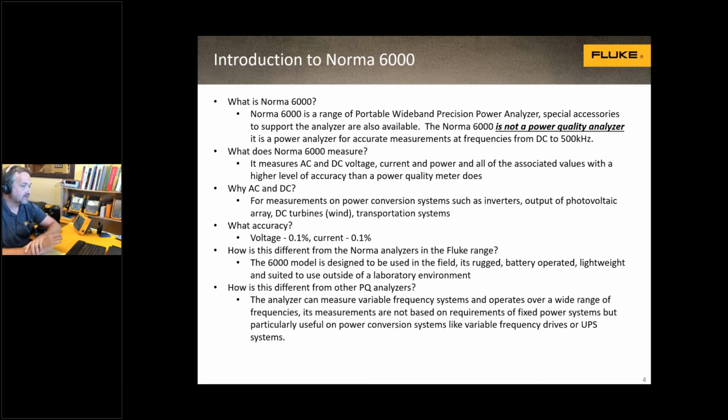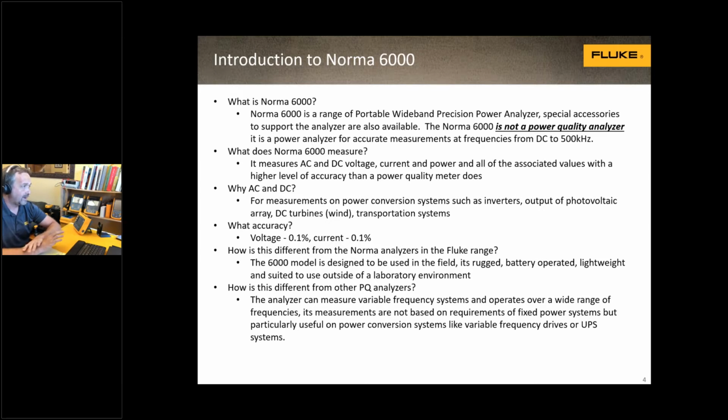The Norma is not designed for that process. If you're trying to capture dips and swells and sags and transients, the Norma is not set up to trigger on events like that. It's designed for making real-time measurements, although you can log and trend data over time, but it won't characterize your event data for you like a power quality analyzer would.